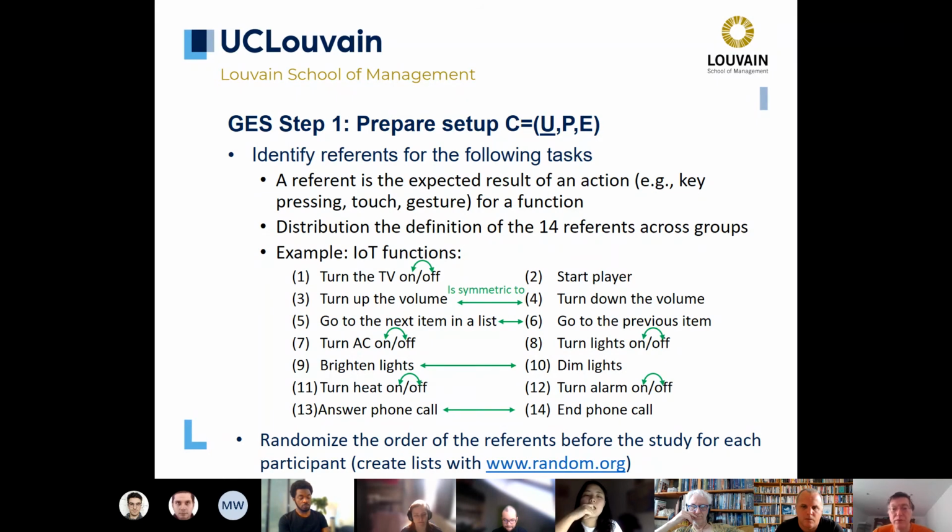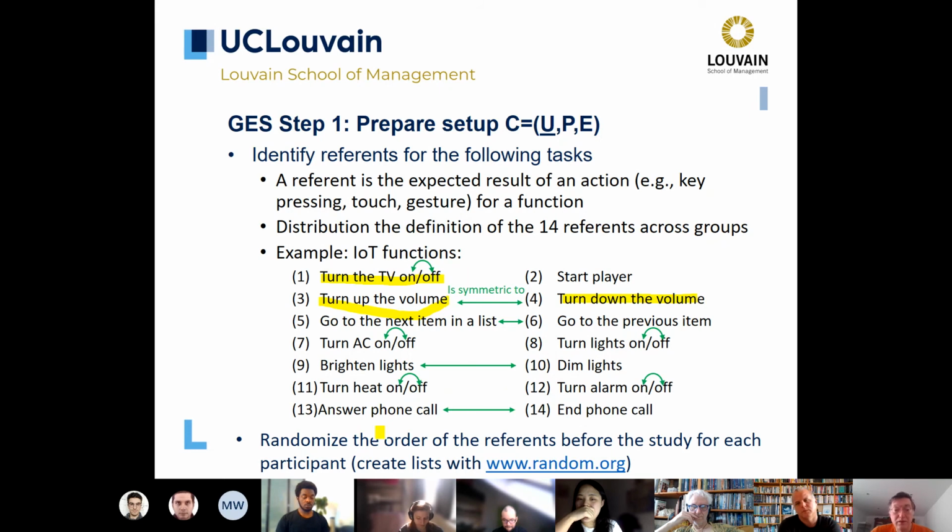Since we have to find out the best gesture, according to the preference and agreement of the users, what kind of gesture would you like? We have to define a series of functions. So let's imagine that I want a gesture for turning the TV on and turning the TV off. Or I want to pump up the volume of my media player, or I want to turn down the volume.